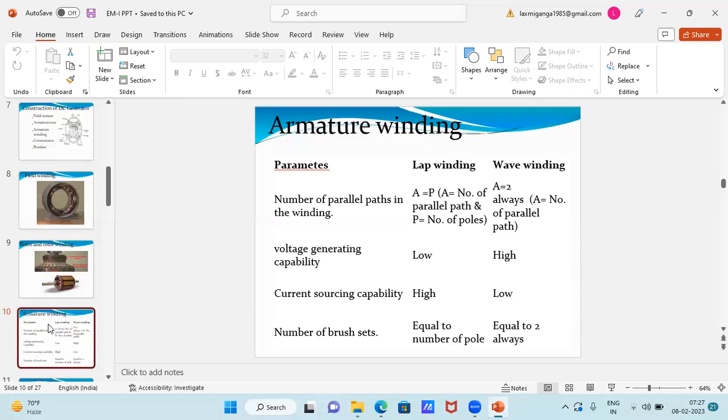Coming to current capability, it is high in lap winding and low in wave winding. The number of brushes equals the number of poles in lap winding, and equals 2 in wave winding.